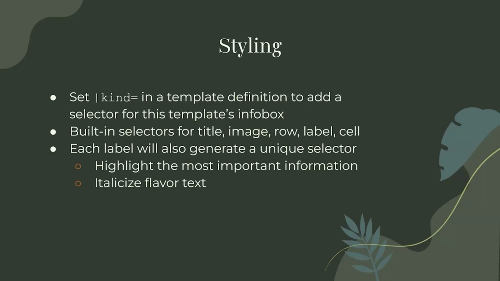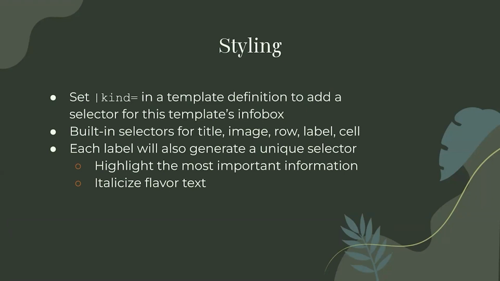And each label will also generate a unique selector. So if you want to have DRUID value description to be italicized, then the description field will always be italicized. So italicizing flavor text like a description is one use case for it. Another one would be to highlight the most important information in the info box.